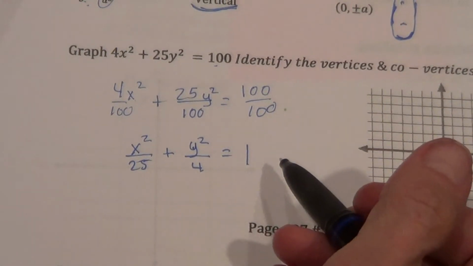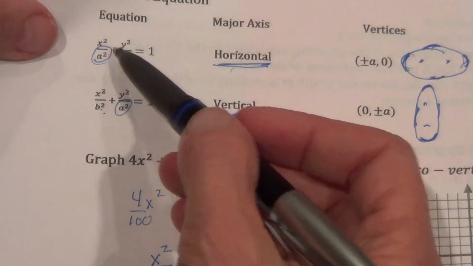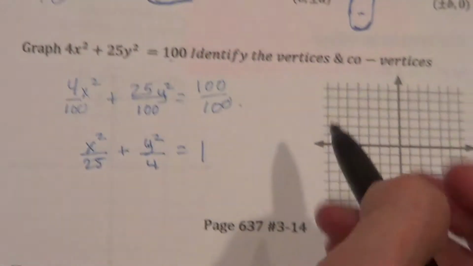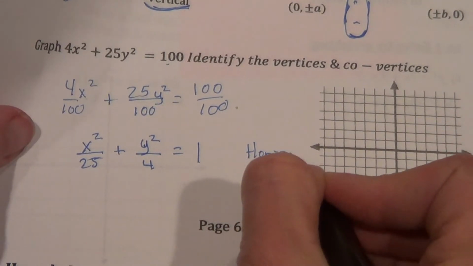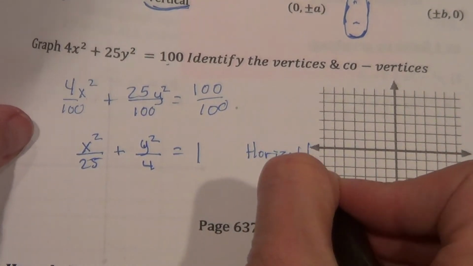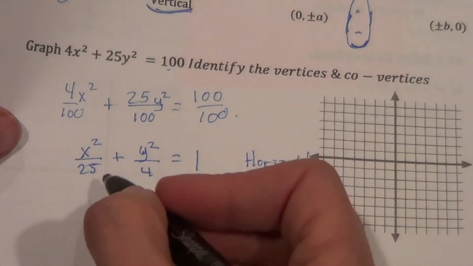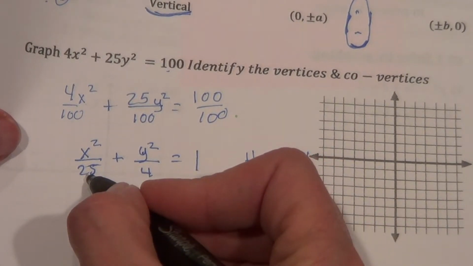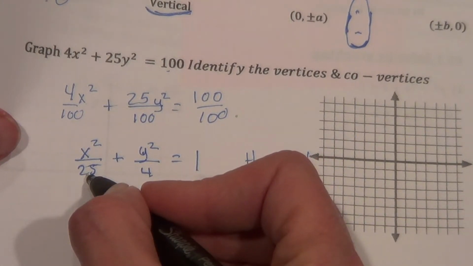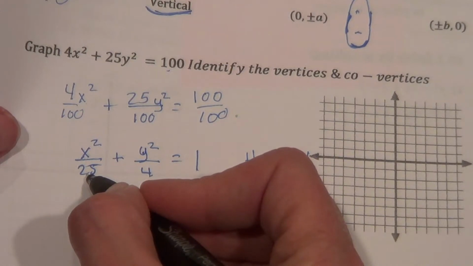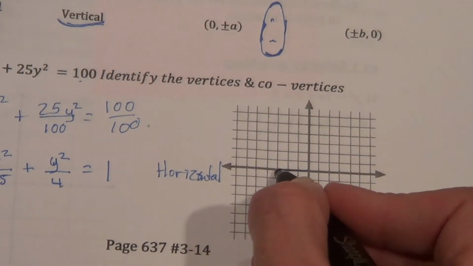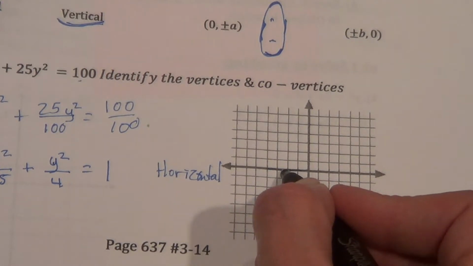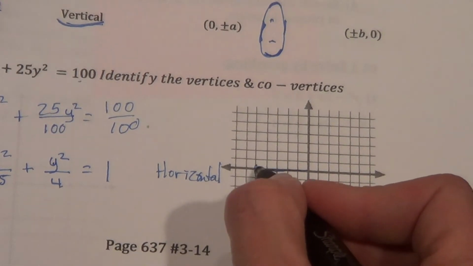Okay, so this shows us the value underneath the x is larger, so it's going to be a horizontal. And this is a squared, so the square root of 25 would be 5. That means that it would come out on the horizontal 5 units. That's going to be your longer axis.